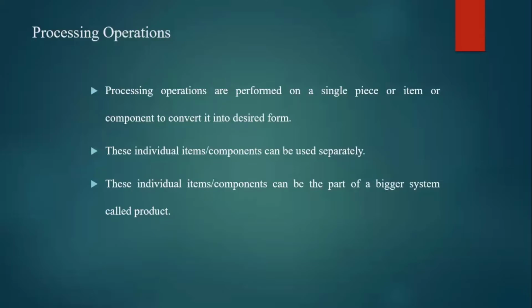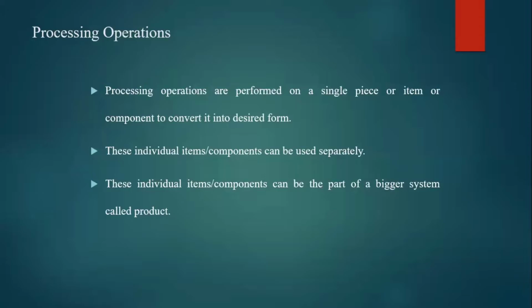They can be used separately, individually, as a final part or the product. Or these individual items or the components manufactured by using the processing operations can be integrated to make a bigger system known as the product.